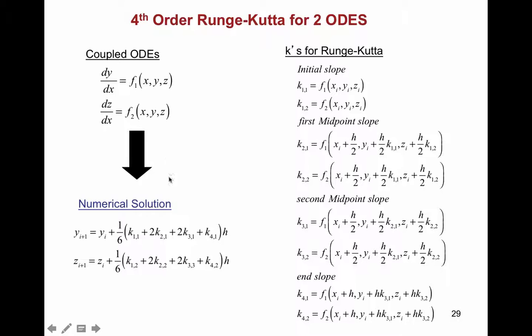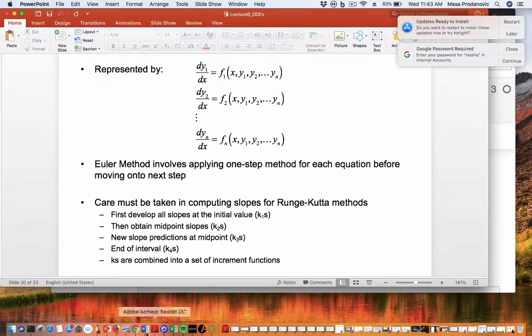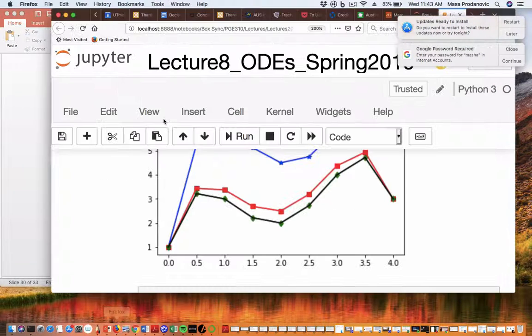And if I had Runge-Kutta, I would do the same. It's just that I would have a maze of all of these slopes, because I would have 4 slopes times 2. But it's again working in the same way. So this is how we would solve systems, and you could technically solve for n of them at the same time.